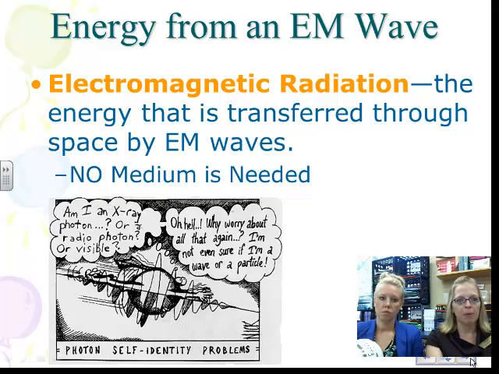That energy isn't called energy because that'd be way too easy. We call it radiation. So electromagnetic radiation is an energy that is transferred through space by the EM wave. And the cool thing about EM waves is they do not have to have a medium. So they can travel through completely empty space, and we're going to give you some proof of this a little bit later in our presentation.